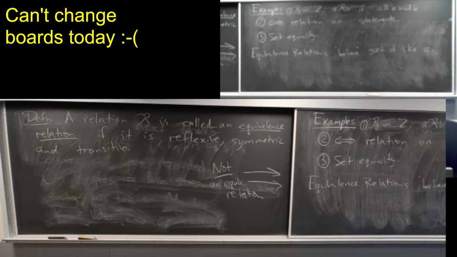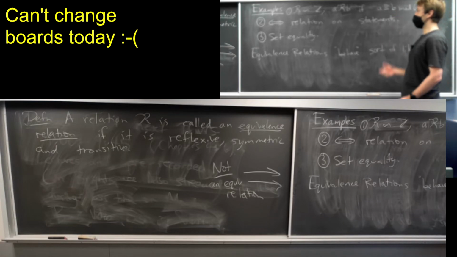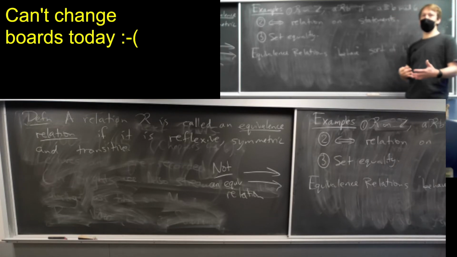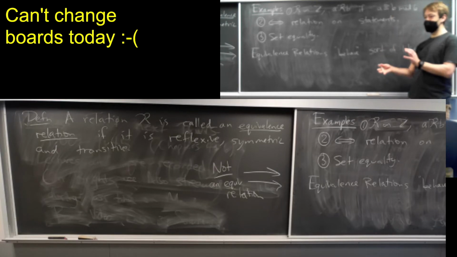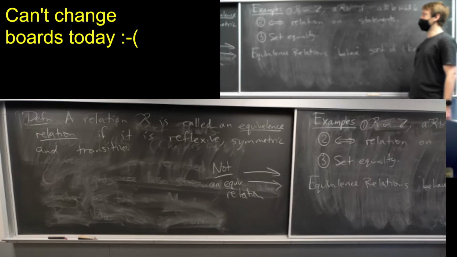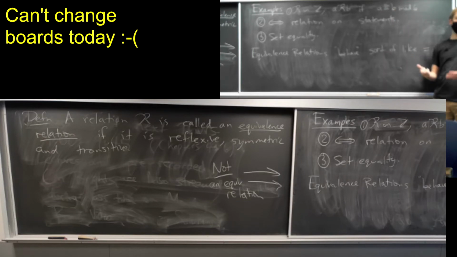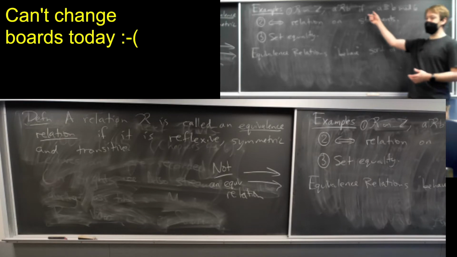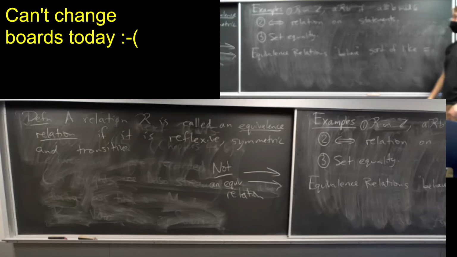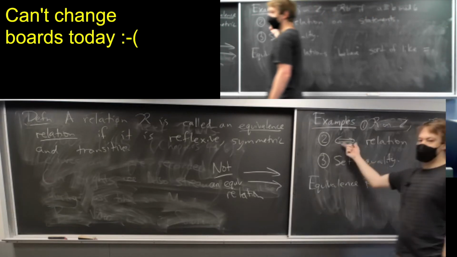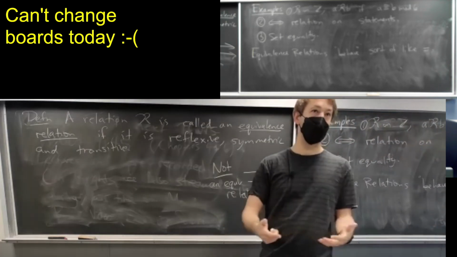So congruence mod 6 kind of works like equals. It just says that they have the same remainder, but you treat them almost like being the same number. Like, when we ask what is the last digit of 7 to the 2000 or something, you treat 7 squared being 49 as being -1 mod 10, and these kinds of things. And when two things are logically equivalent, we pretty much treat them as the same statement.